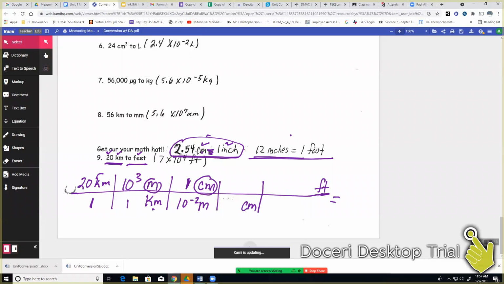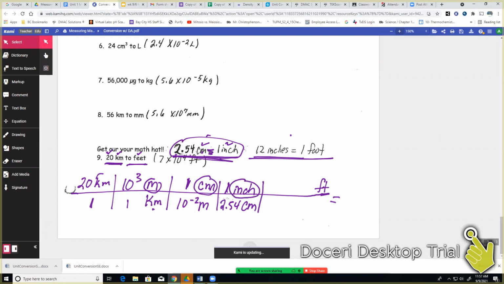Remember, we want to get to the English system. So now is when I can use this. Write it just like it says. The 2.54 stays with the centimeter. The 1 stays with the inch. That rule that the 1 stays with the prefix is just if you're metric. Once I become metric to English, that rule goes by the wayside.